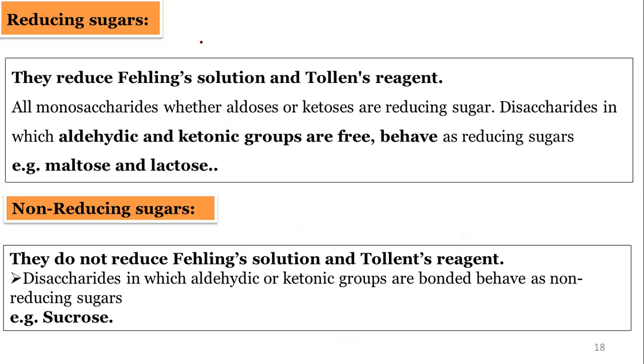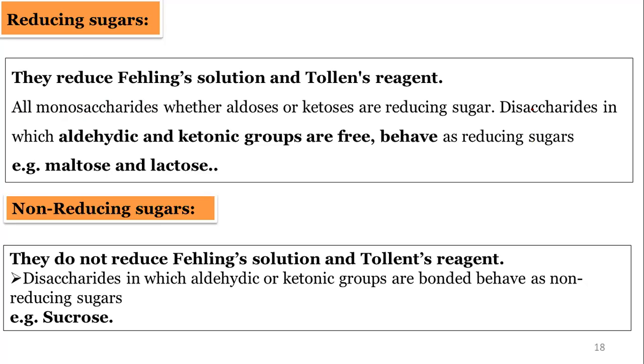The next part is reducing sugars and non-reducing sugars. A short note is asked on reducing sugars and non-reducing sugars. They reduce Fehling's solution and Tollens' reagent. We already discussed this in the chapter on aldehydes and ketones. So the reducing sugars reduce Fehling's solution and Tollens' reagent. All monosaccharides are reducing sugars, which means all monosaccharides reduce Fehling's solution and Tollens' reagent.